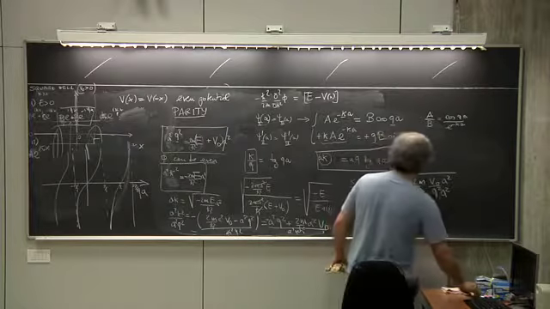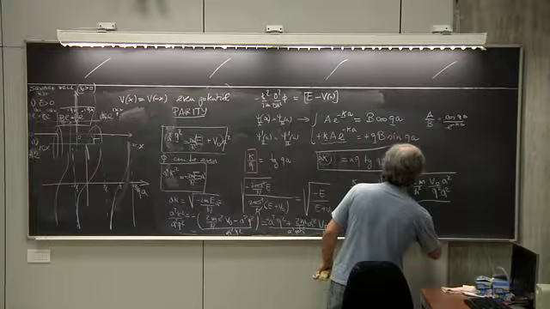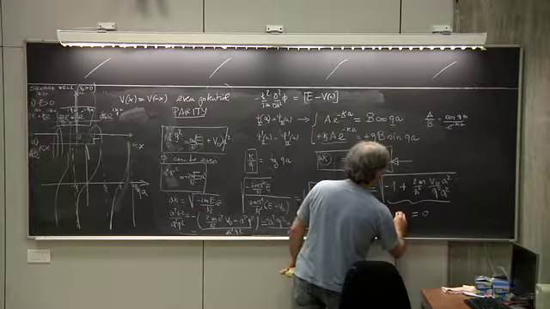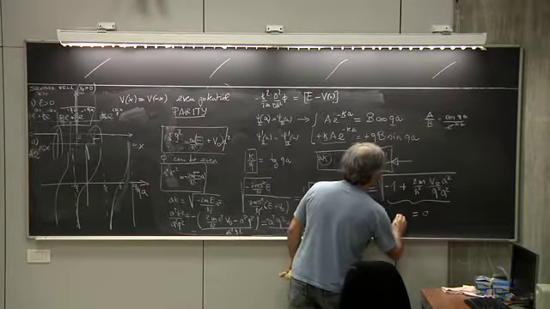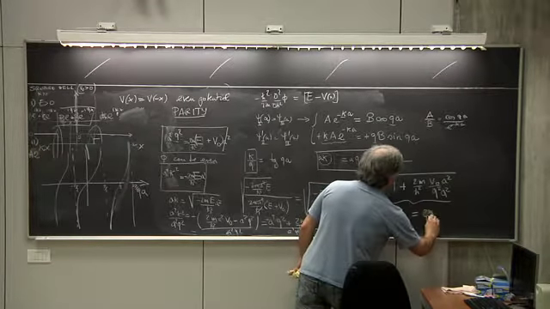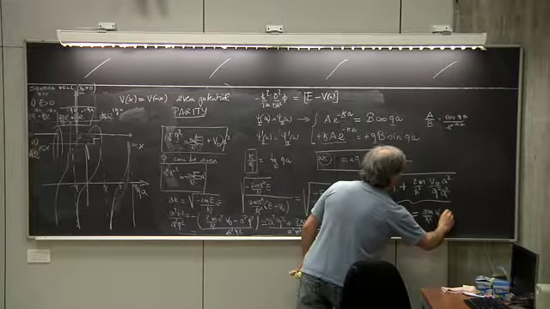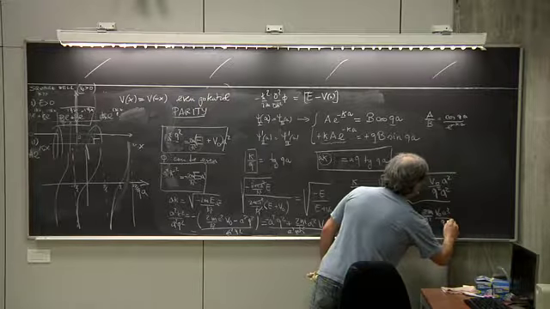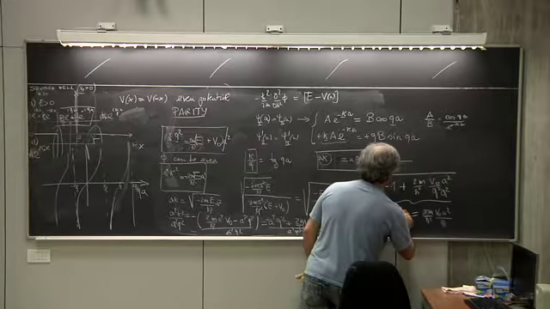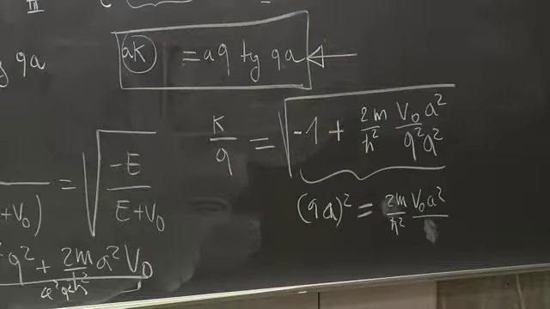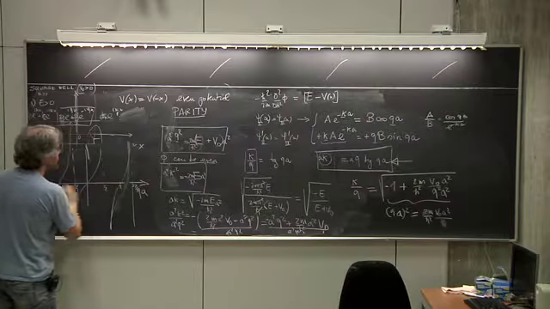So there is some point where this is equal to 0, which is, if you bring the 1 there, when 1 is exactly equal to 2m over h bar square v0 a square times qa square. So when qa square is exactly equal to that. Okay? So depending on v0, I have some value where this reaches 0.